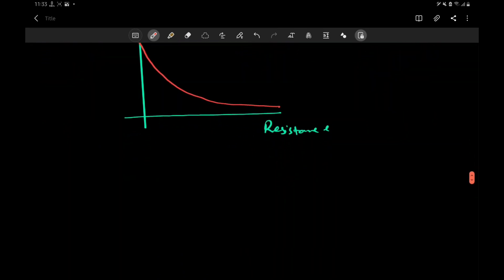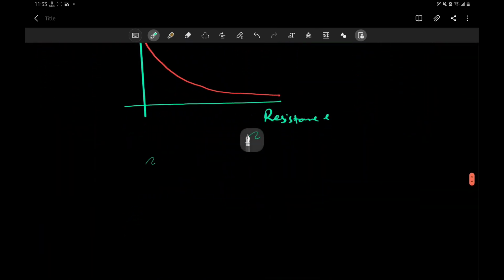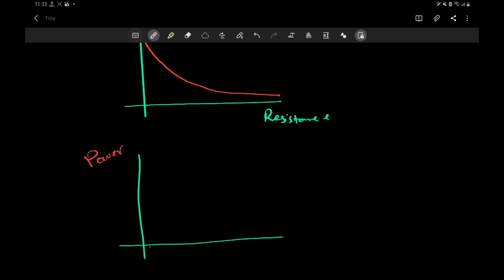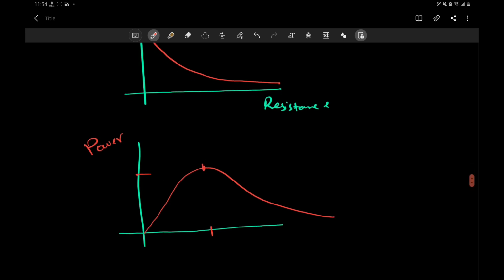If we draw the power graph, if you multiply these two graphs, you will get the graph of power. This will look something like this. At some point this will have a maximum value.